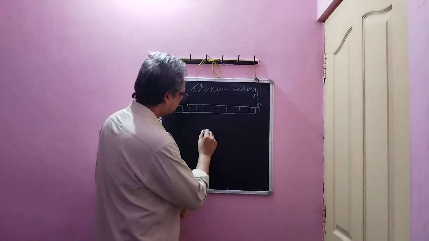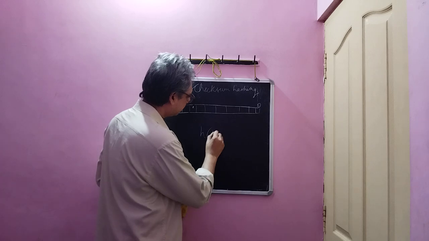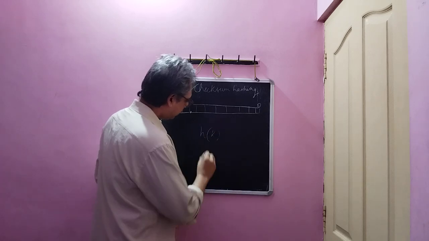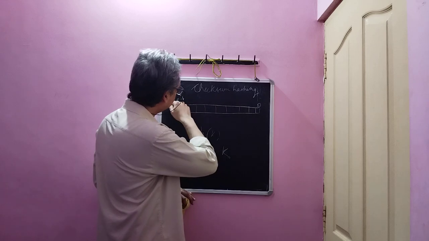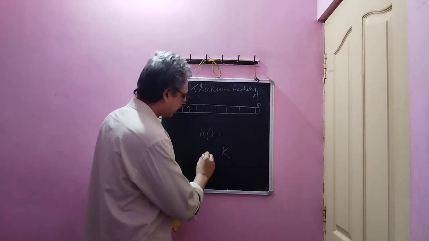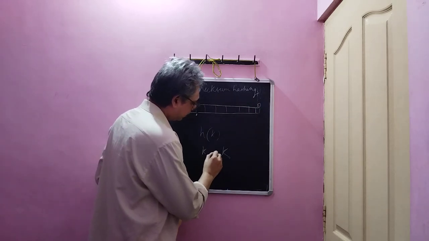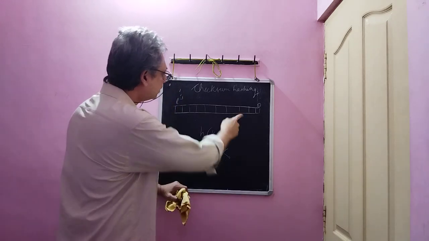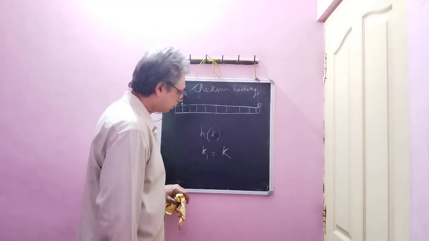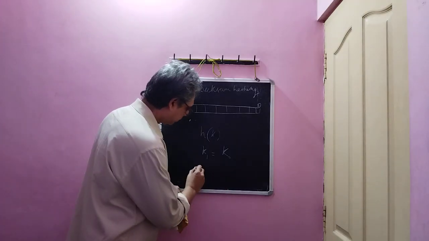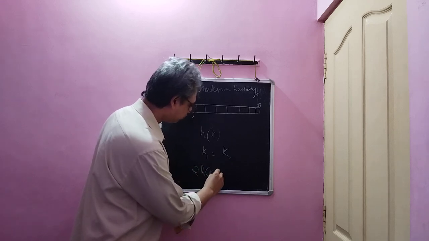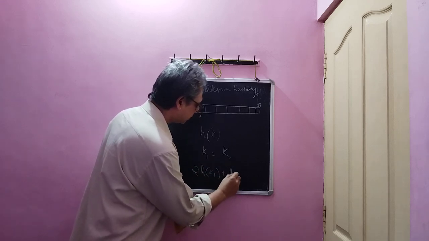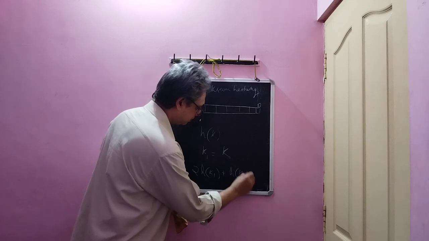And then, if you wish to hash a key K, let K0 be the key obtained by taking all the bits in the even bit positions, and K1 be the key obtained by taking all the bits in the odd bit positions. Then this can be written as 2 times h of K1 plus h of K0.